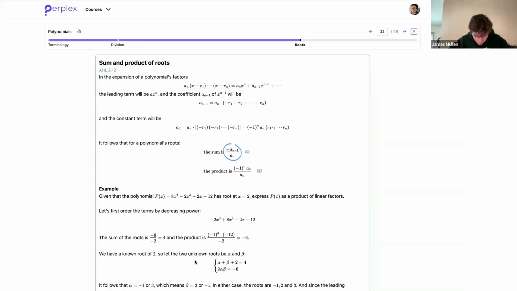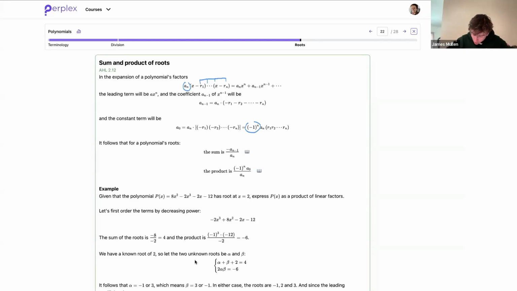And I can do something similar for the product by considering what happens when I expand out the brackets. Well, the constant term comes from multiplying all of the r's together with no x's. So I've done r1, r2, r3, and that's just going to be multiplying a_n. So the constant term is going to be a_n times all of those negative roots multiplied together. And because there are negative signs, I have to put this minus 1 to the n, a_n times the product of all of the roots.